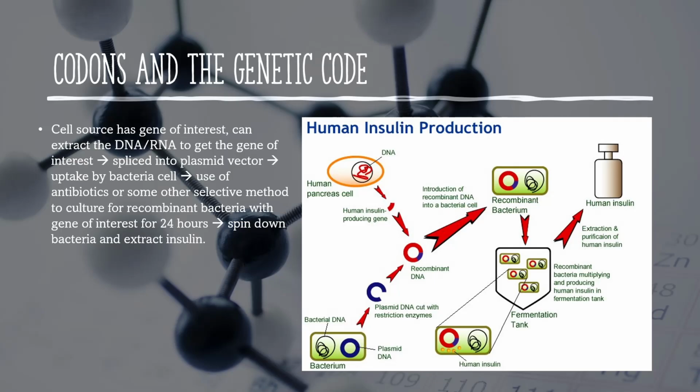One of the more common ones are bacteria with overexpression vectors. So they will take DNA or some RNA source to get the gene of interest, which is like this little red piece, and then they put it into plasmid DNA, and then you'll get a recombinant bacteria.